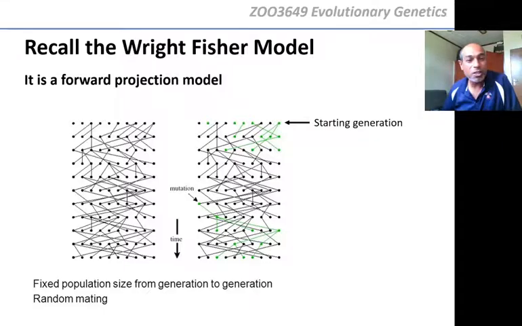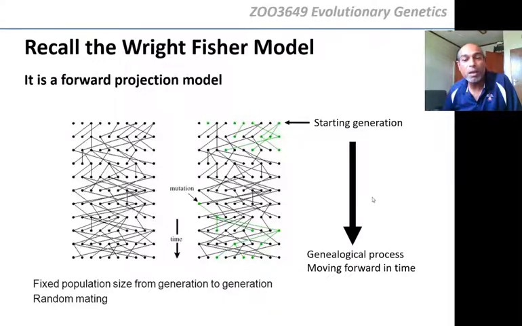Okay, so this is starting here and moving forward in time, and you can see based on these lines which individuals in each generation gave rise to individuals in the next generation. So here are the ancestors, and here are the descendants. Okay, so you start up here, and the genealogical process then moves forward with time.